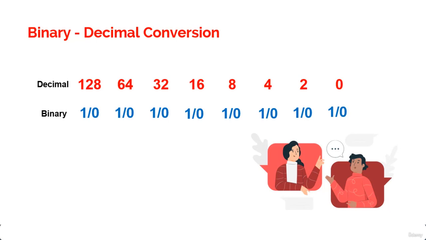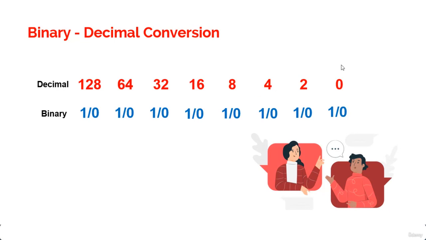The binary numbers are placed in a value spot starting at the right and moving left. So as you can see on the screen, if we start from the right, the decimal digits are 1, 2, 4, 8, 16, 32, 64 and 128.